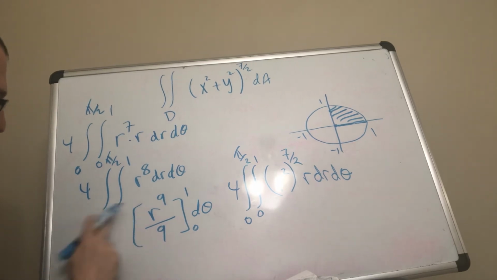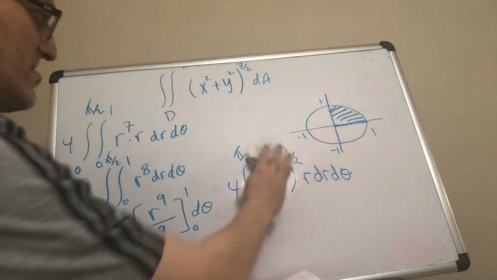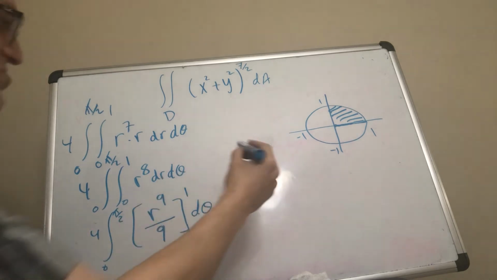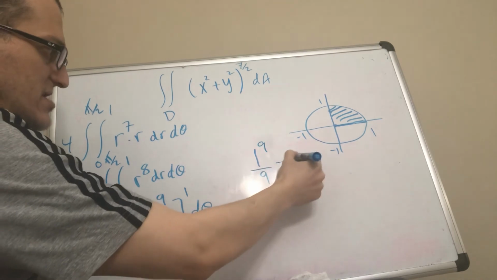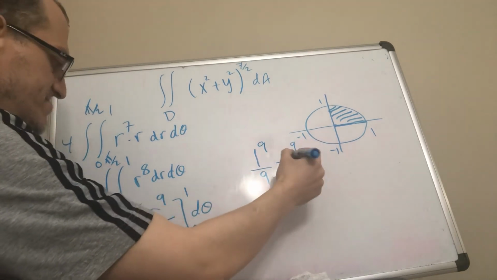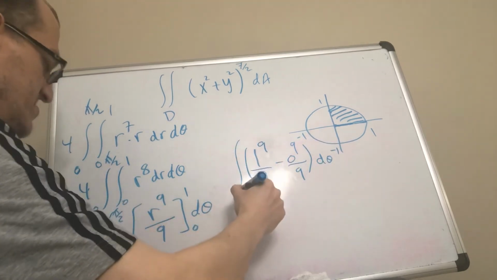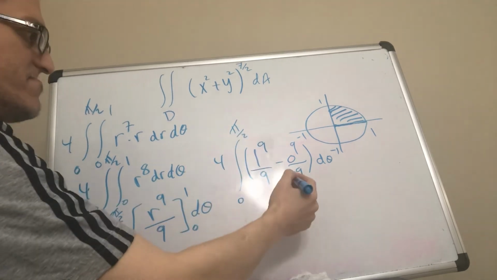The theta is between 0 and pi over 2, times 4. Now you plug in the 1, that's 1 to the 9 over 9, which is 1 over 9, minus 0 to the 9 over 9, d theta, from 0 to pi over 2, times 4.